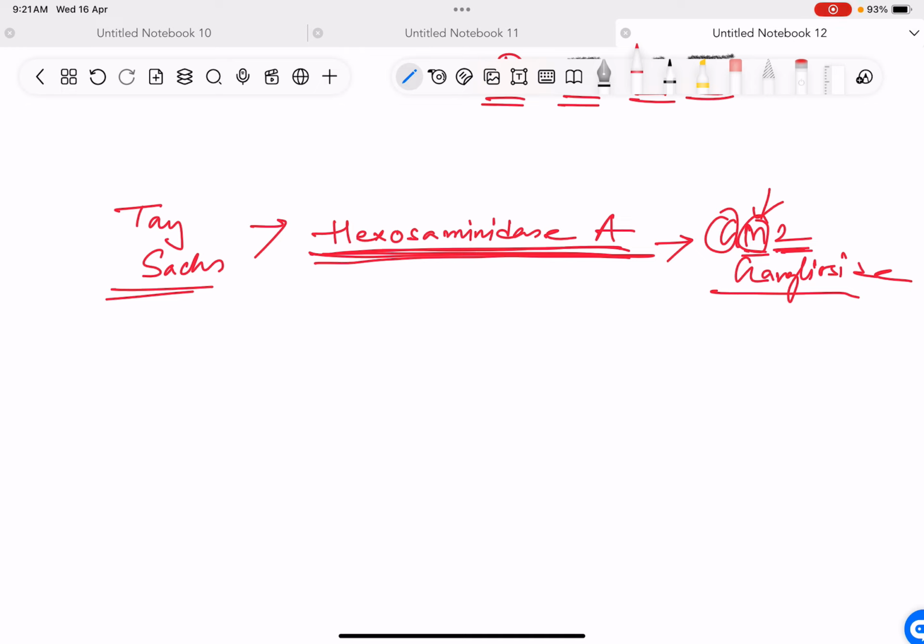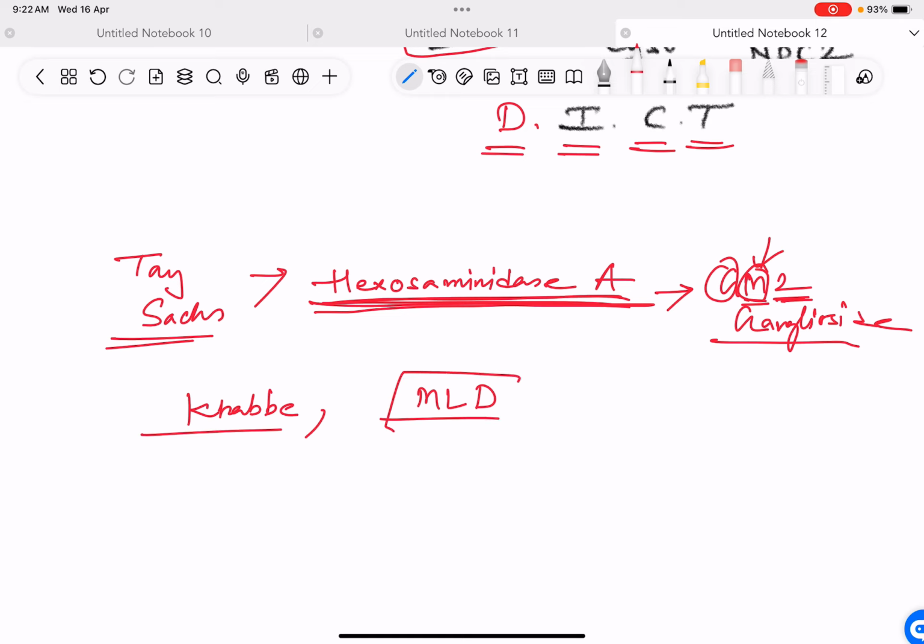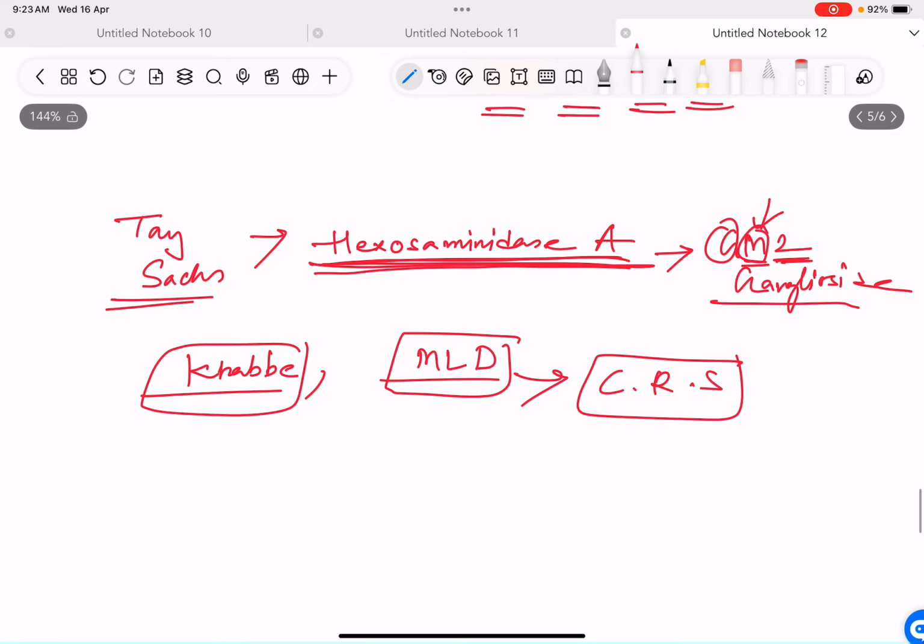But coming to the cherry red spots, we have Niemann-Pick disease type A and Tay-Sachs disease, and the other two sphingolipid storage disorders we have studied are Krabbe and metachromatic leukodystrophy. These two are left. Of these two, in metachromatic leukodystrophy you will find cherry red spot, and cherry red spot is not found in Krabbe disease.